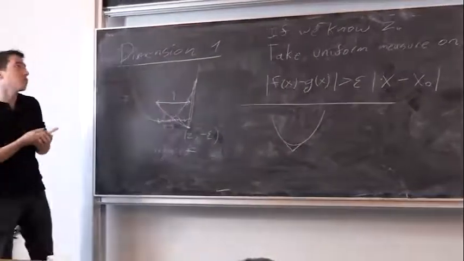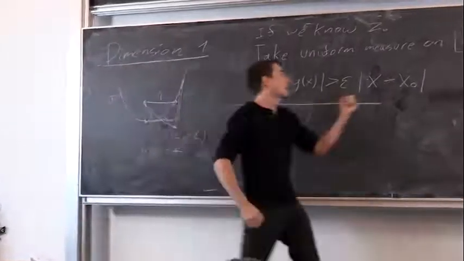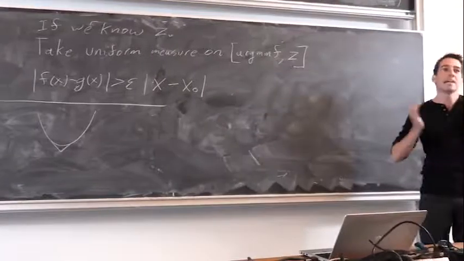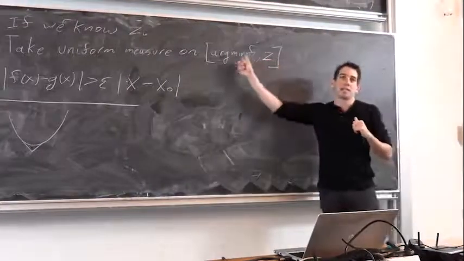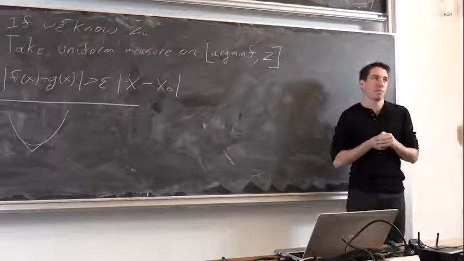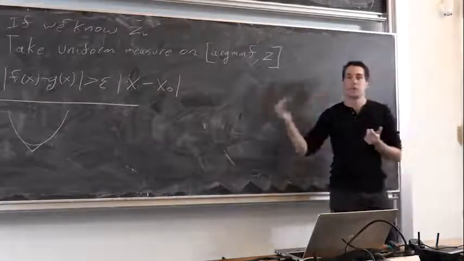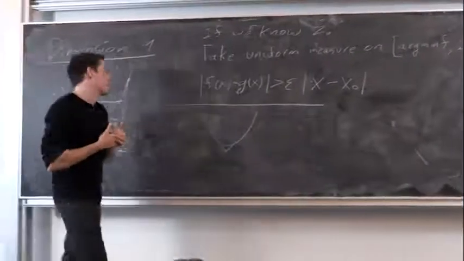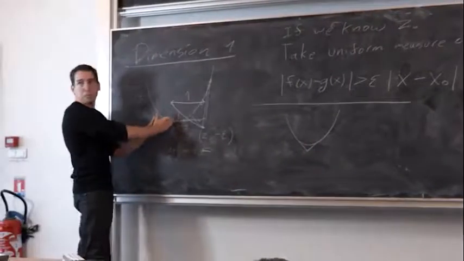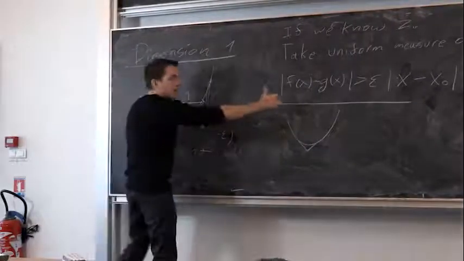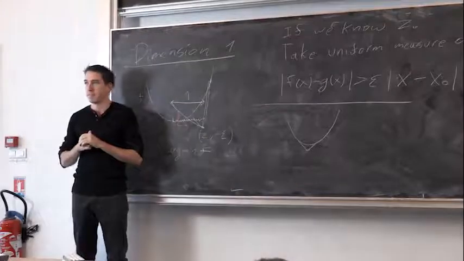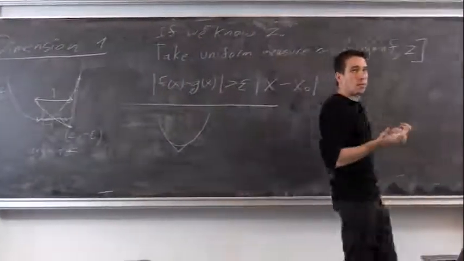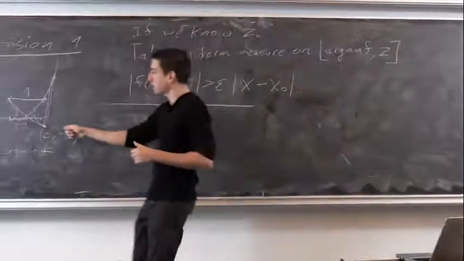Well, actually, I don't really have to know where z is. I just have to kind of know more or less what the distance between z and the minimum of f is. If I know it up to a multiplicative factor of 10, I'm also fine, right? It's still okay if I put a uniform point between here and 10 times this interval. And this motivates us to do some kind of multi-scale construction of this thing.